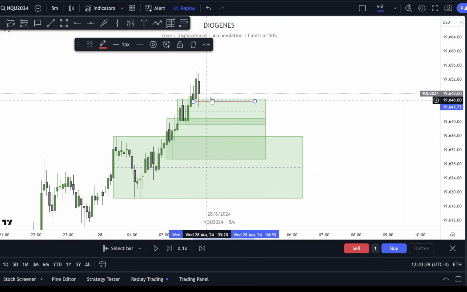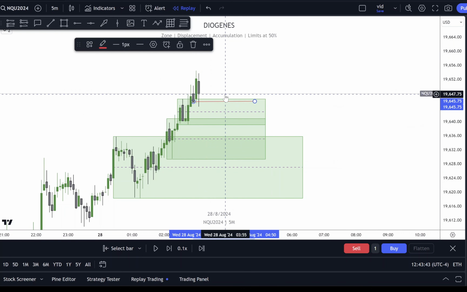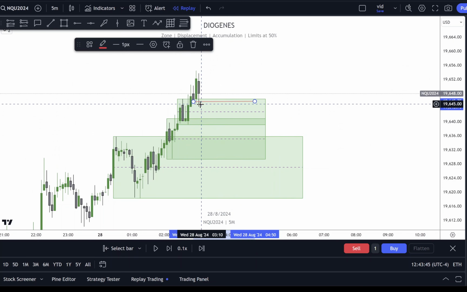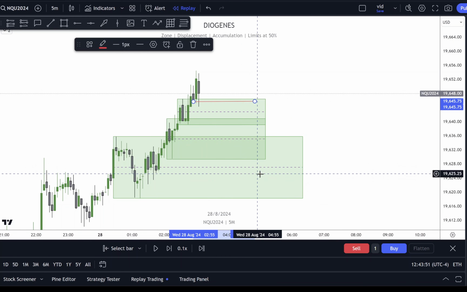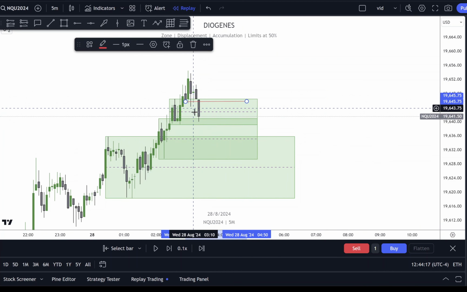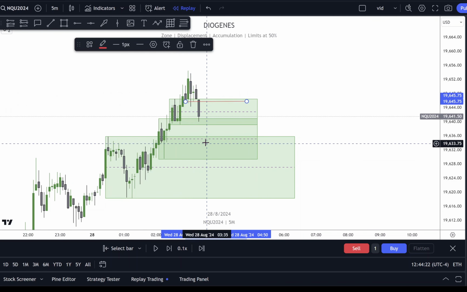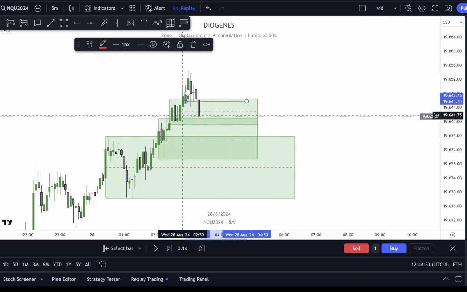So when the change of state of delivery happens, price will become bearish in lower time frame, just for it to reach and mitigate here, and then they will change the state of delivery again to go up. So now that they closed under this last order block, they changed the state of delivery, and you are not interested in taking bullish trades in lower time.